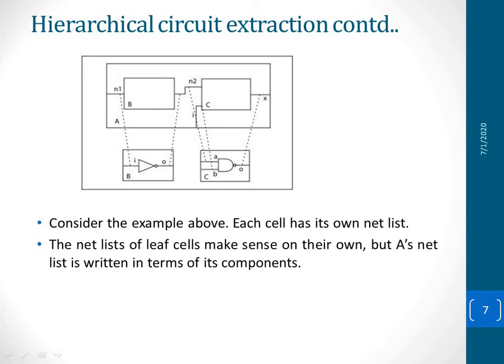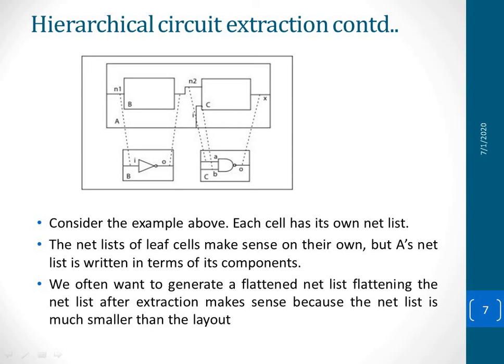The netlist of leaf cells makes sense on their own, but A's netlist, the A which is the whole, is written in terms of its components like inverter and NAND. So we often want to generate a flattened netlist. Flattening the netlist after extraction makes sense because the netlist is much smaller than the layout, because we have only two things here.